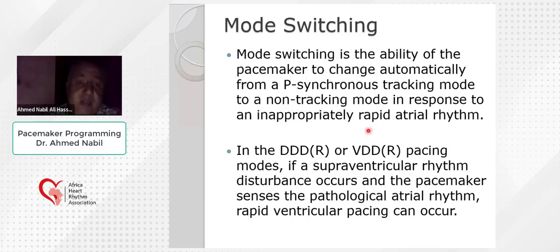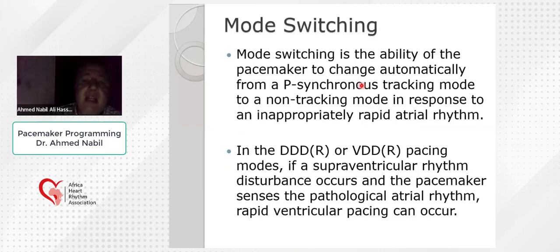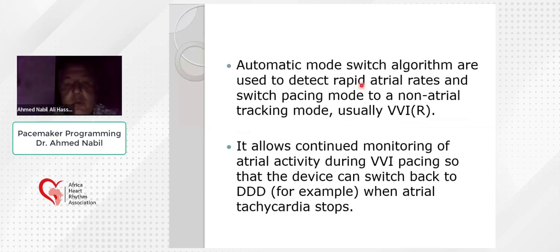This is in case of sinus rhythm. But if we develop an atrial arrhythmia, it is not needed to track this very high atrial rate. So the pacemaker switches its mode from a tracking mode to a non-tracking mode, which means that it can switch to, for example, VVI, to avoid these rapid atrial rates.